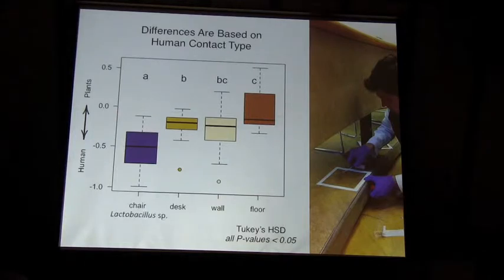And in fact, chairs, this is nasty, one of the strongest indicators is Lactobacillus and a few other gut microbes, right? So a more reasonable way to think about this is that chairs look like butts and floors look like skin, like our skin that we're flaking off as dust. And so they collect very different sets of communities, even though they're all pretty closely associated with us.